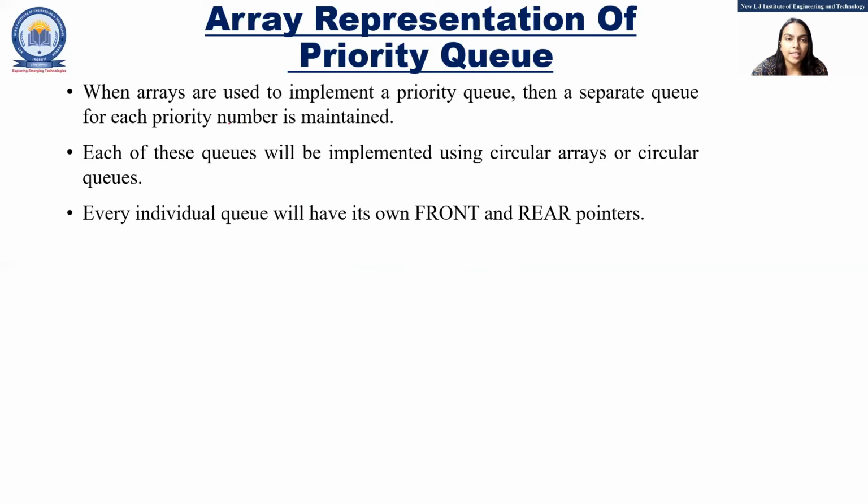When arrays are used to implement a priority queue, a separate queue for each priority number is maintained. So if there are 1, 2, 3, 4, and 5 priority numbers, a separate queue would be maintained, and each of these queues would be implemented using a circular array and circular queue.